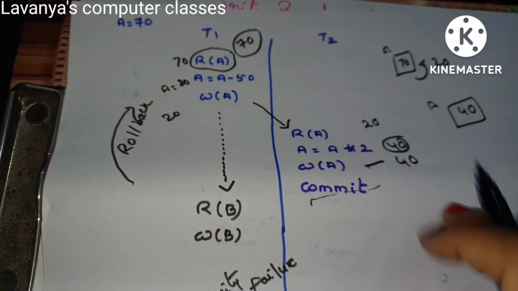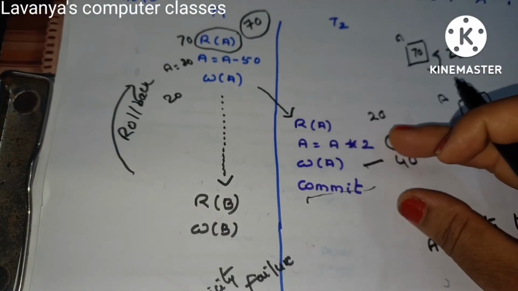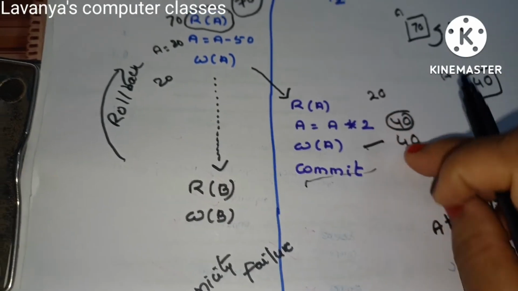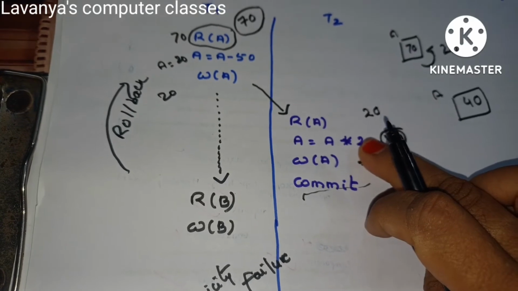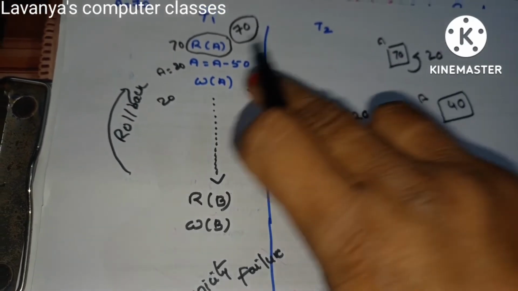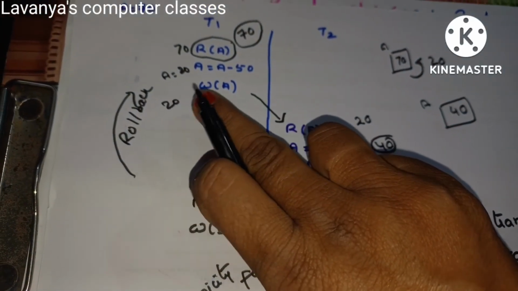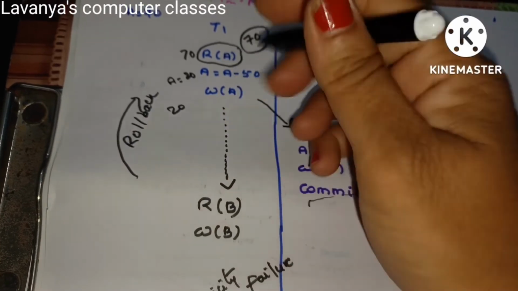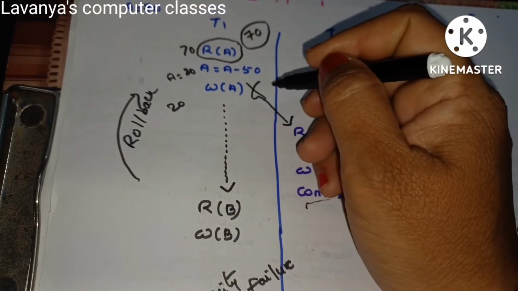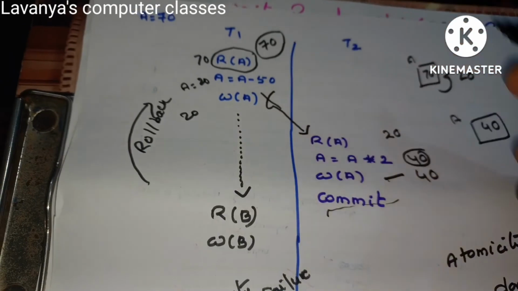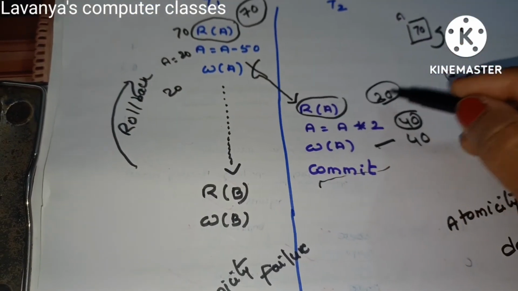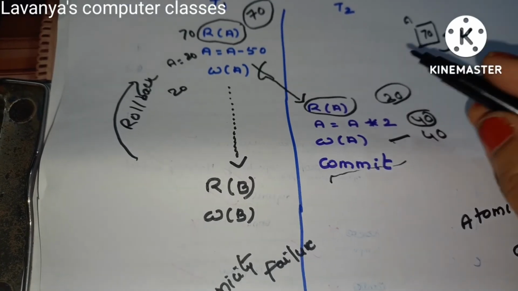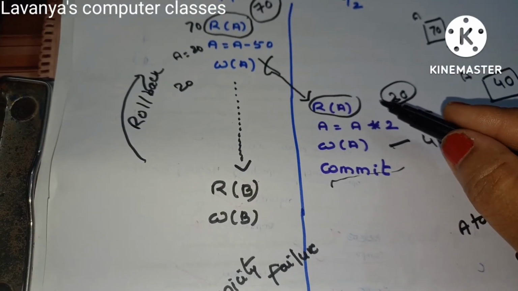But here the problem is, in transaction T2 we read A and apply some operations on A. In this part, the A value is 20. But once the rollback is completed, the A value 20 totally disappears, and the A value is 70. That means whatever value we are reading, that 20, is not at all there in the database. That's why it is called a dirty read.